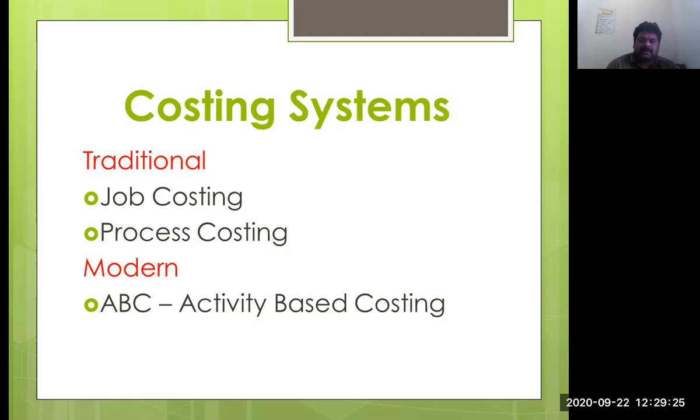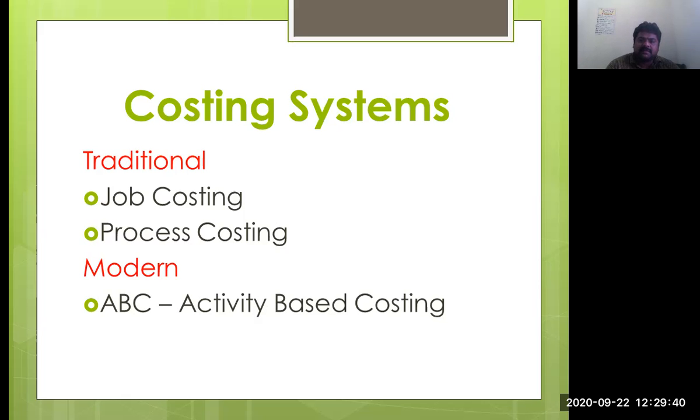Job costing, or it can also be called job order costing. This is applied in all those industries where production is undertaken according to the special specifications of the customers.